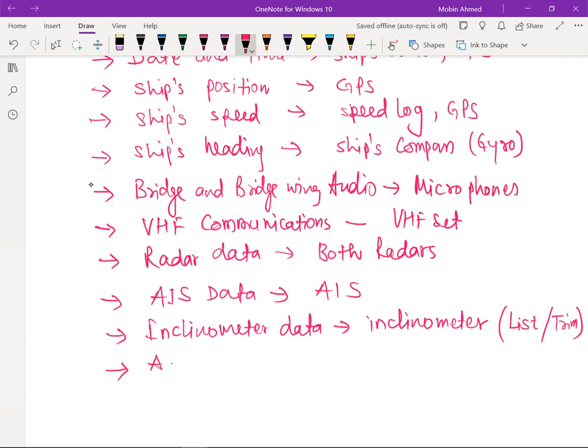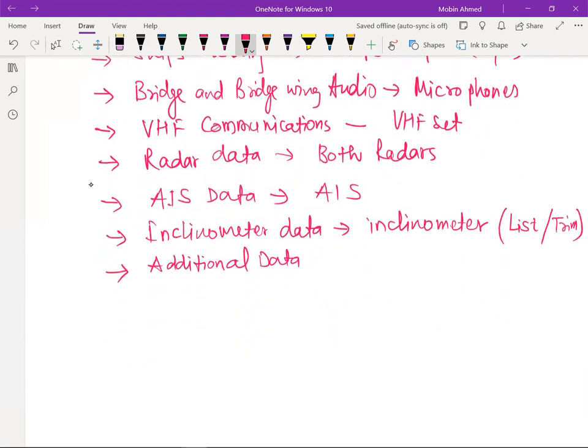Then there are the additional data. And this is going to be like echo sounder. This is going to provide the depth. Rudder order and response.